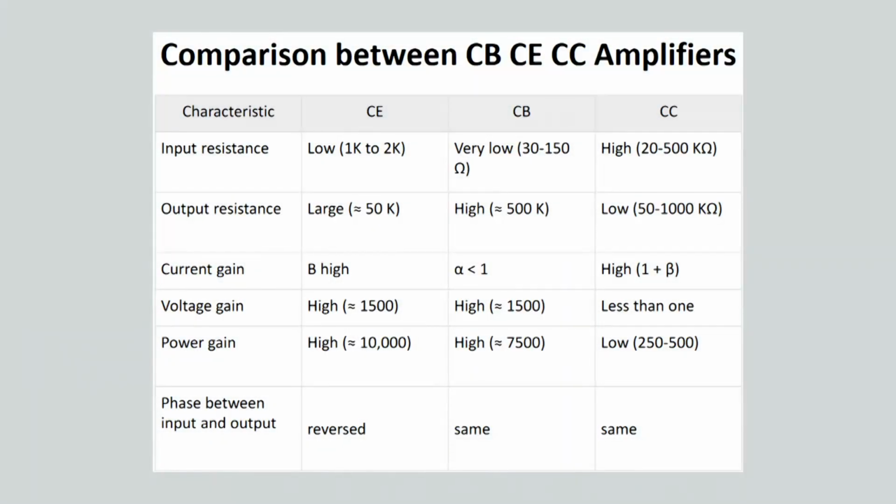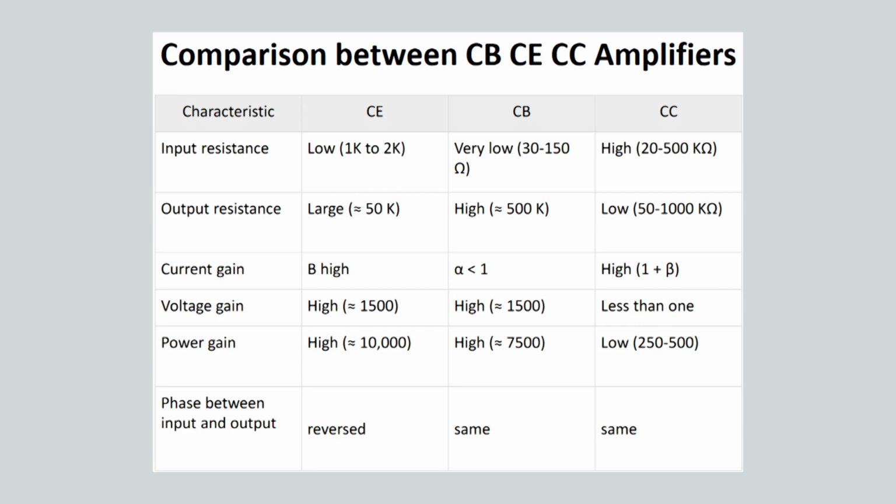Let us now compare the different configurations to understand which configuration suits better for a transistor to work as an amplifier. In comparison of common base, common emitter and common collector amplifier, in a common emitter amplifier the voltage gain is high and current gain is also high.